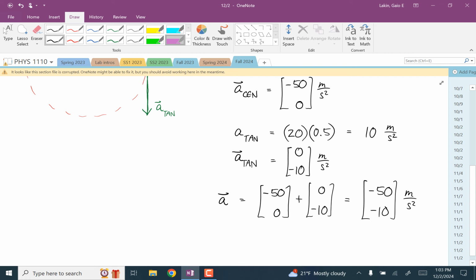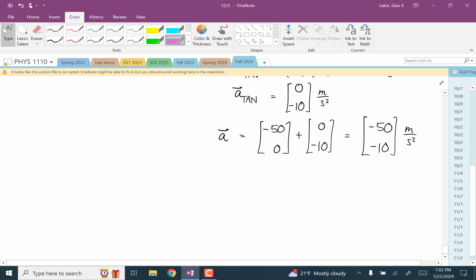Okay, so I guess the last thing I want to do today is give you sort of a table of things. I introduced a bunch of new variables and new concepts today, but I want you to remember that they all have a lot in common with the translational quantities, concepts that you already know.